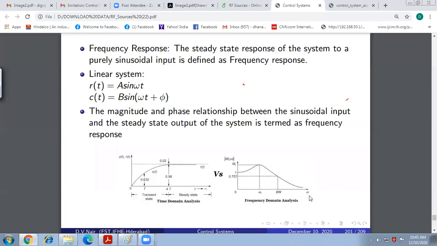It is your transfer function only, modified slightly. So on the y-axis is the modified magnitude of the characteristic function, and the x-axis is omega. When we plot this magnitude against omega, what we get is the frequency response.